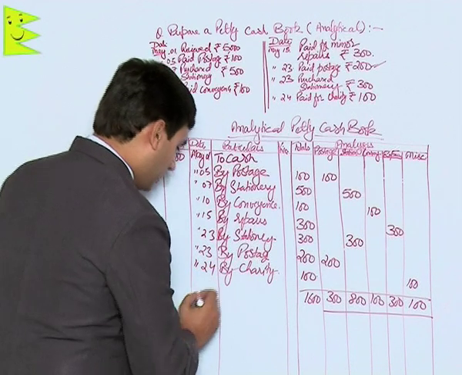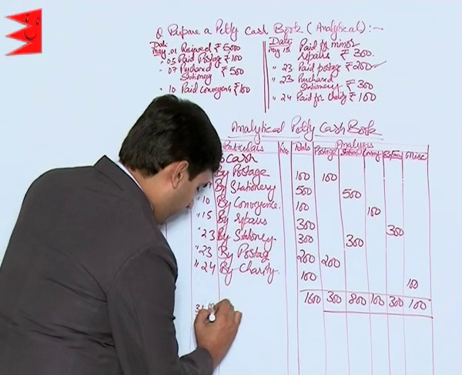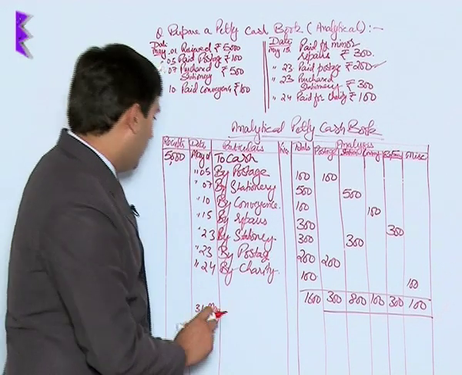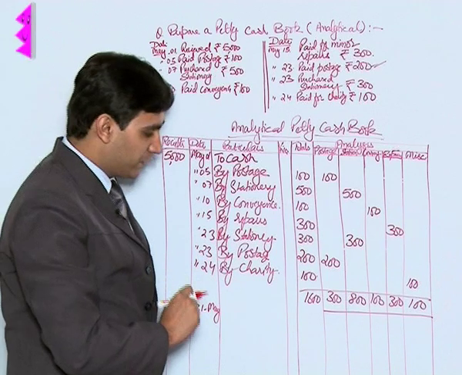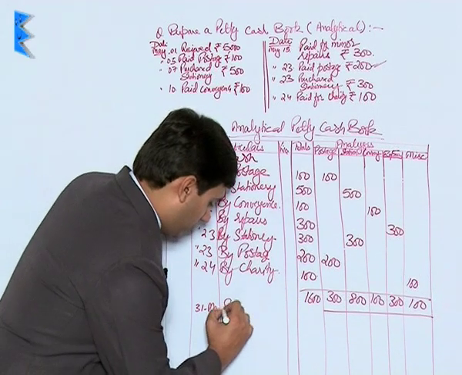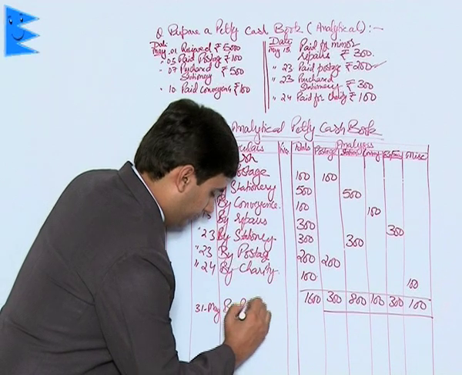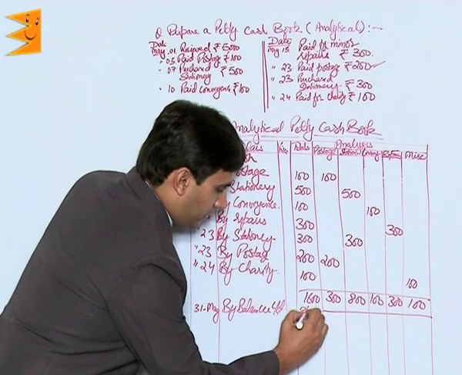Now students, on the last date, that is 31st May, we will find out the balance. The amount that we had received was 5000. Out of this 5000, expenses have been made for 1600. So the balance carried down would be 3400.